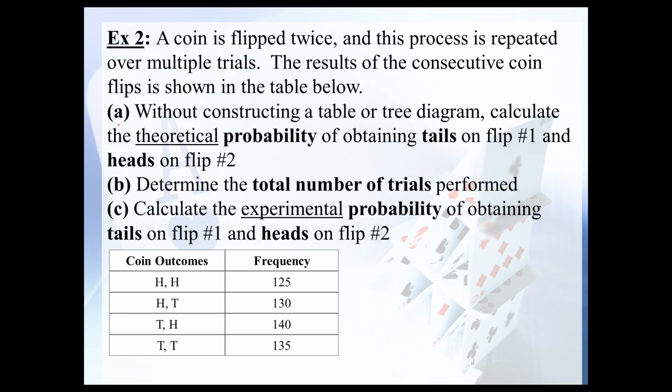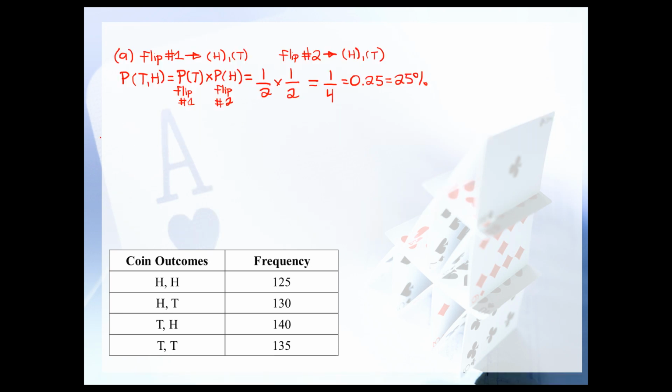Okay, now B says determine the total number of trials that have been performed. My experiment involves flipping one coin and then flipping another one, and it tells me how many times I got these different combinations. So all we need to do to figure out how many total trials were performed is take all these numbers in the table and add them all together.